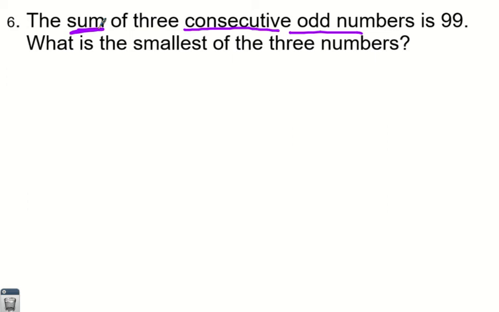So what's not known? What's not known is the numbers. Now, bear with me here. There are 3 unknowns. So what do we call them? Like X, Y, and Z? Because there's 3 unknowns, we want 3 variables.